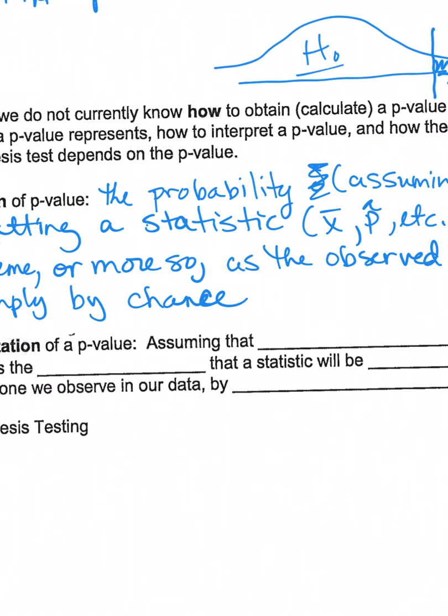Remember, the stuff underneath the normal curve is probability, isn't it? So if we assume H naught is true, for us to reject H naught, it would have to be outside, in other words, in that little area up there, wouldn't it? This is a p-value that is as extreme or more extreme than whatever this line of demarcation is that we've established.